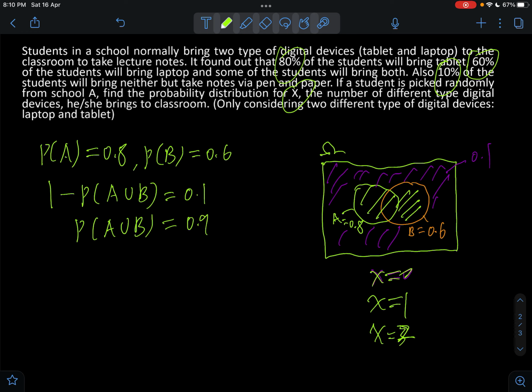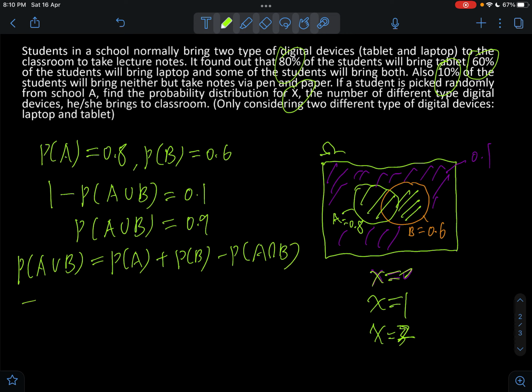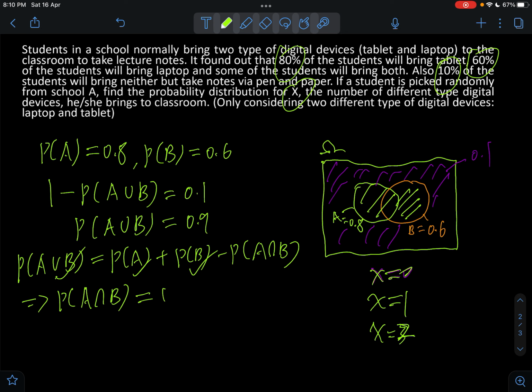And we also know that the probability of A union B is equal to the probability of A plus the probability of B minus the probability of A intersect B. Hence, we know that this is 0.9, this is 0.8, and this is 0.6, so we will be able to find the probability of A intersect B, which is 0.8 plus 0.6 minus 0.9, which equals 0.5.